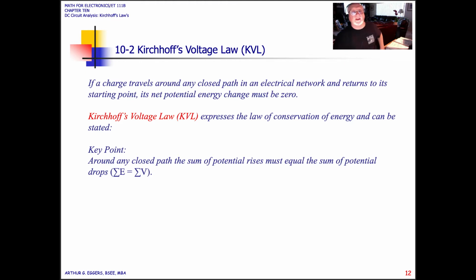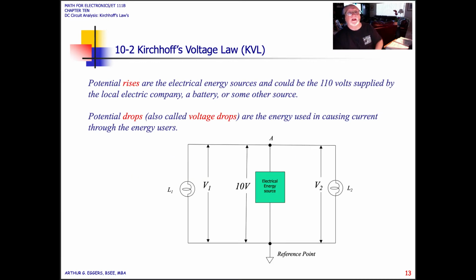So if we put this into symbology, the summation of E, the potential rises, has to equal the summation of V, the potential drops. Potential rises in an electrical circuit, energy sources, could be, in this case, 110 volts supplied by the local electric company, a battery, or some other source.